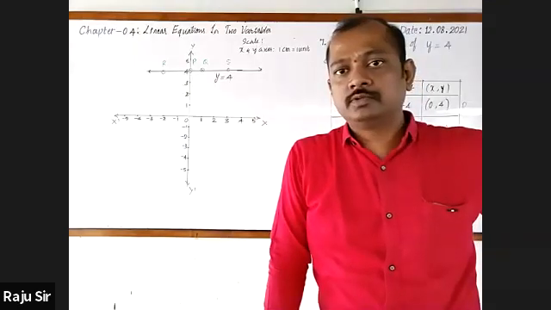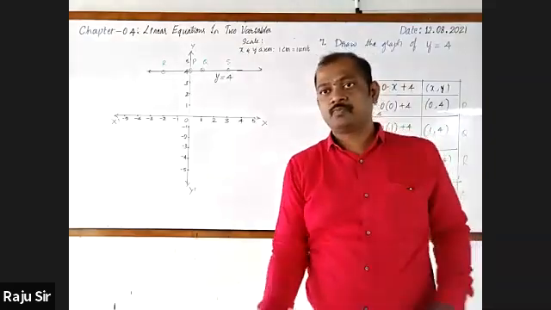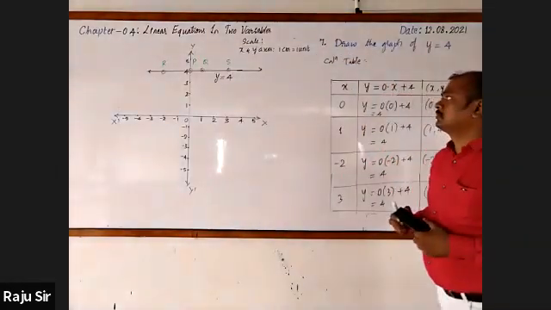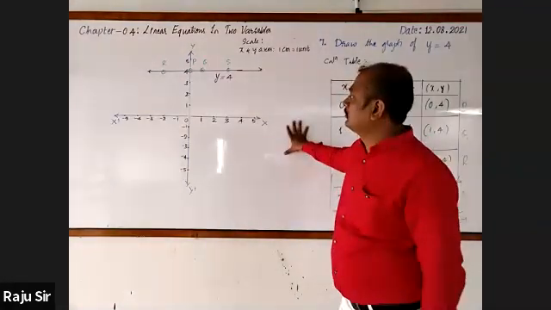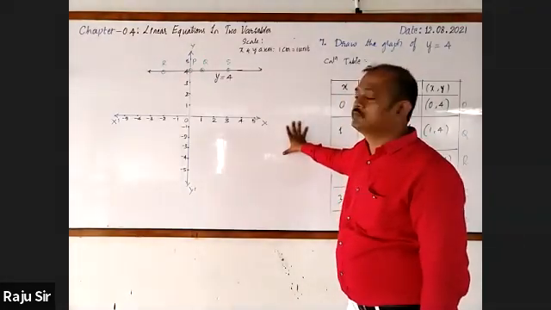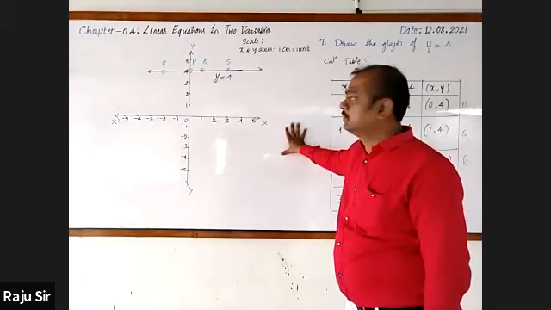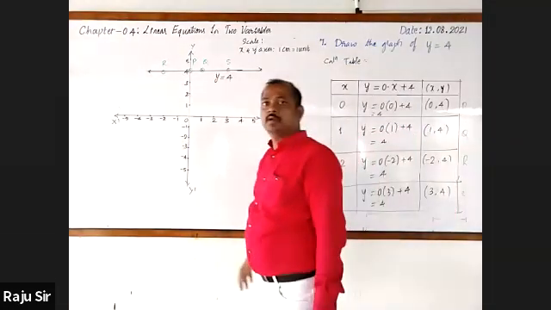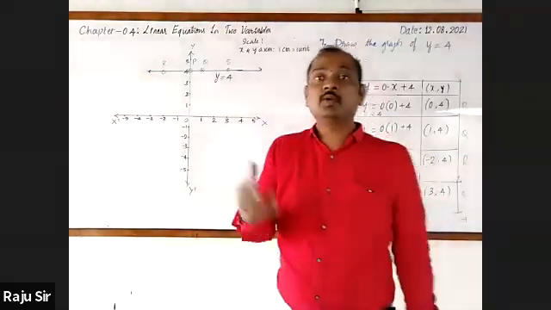Ask me your doubt. Sir, if in a sub question they ask to draw a perpendicular line from point S to the x-axis, will it be on particular rectangle lines? No. It all depends on how you are going to take the points.